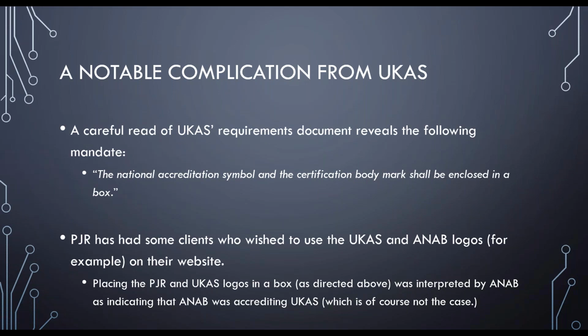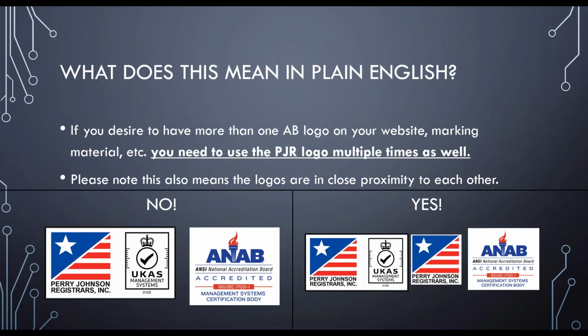So it's kind of dueling accreditation body issues going on here. So what this means in plain English is if you are going to have more than one AB logo on your website or on marketing material, you need to use the PJR logo multiple times as well.